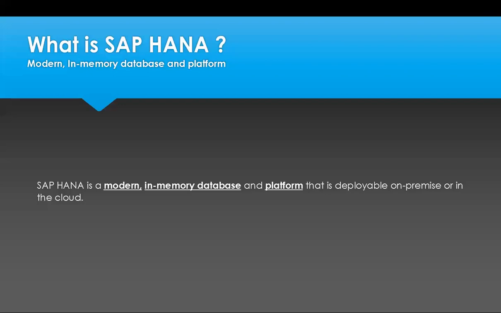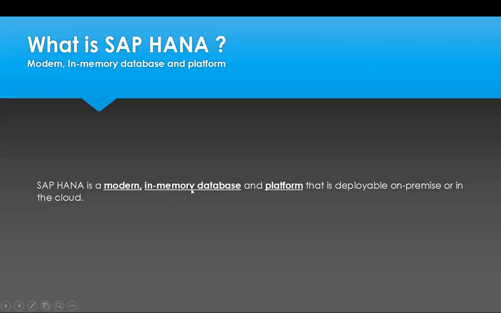So now the servers can have 2 terabytes of system memory, which makes it possible to have the complete database in RAM. Due to multiple cores in the server processors and the very fast communication between these processor cores, now more data can be processed in parallel. Now a report can run around 3000 times faster with SAP HANA.